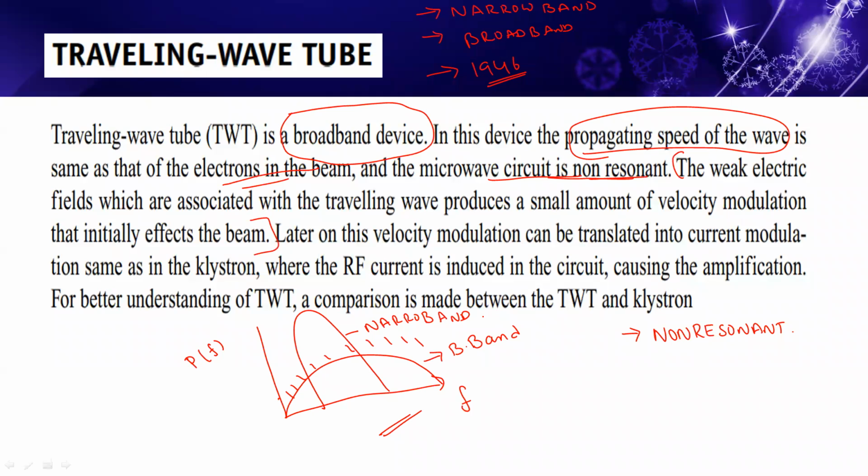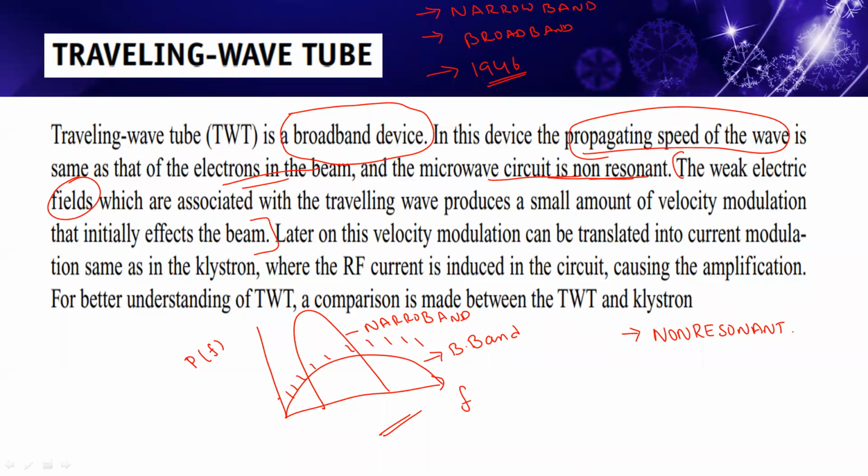Similar to our previous two-cavity klystron and reflex klystron, here also there is an electron beam focus. The presence of the electron beam causes the creation of the traveling wave, and all fields are associated with this traveling wave.